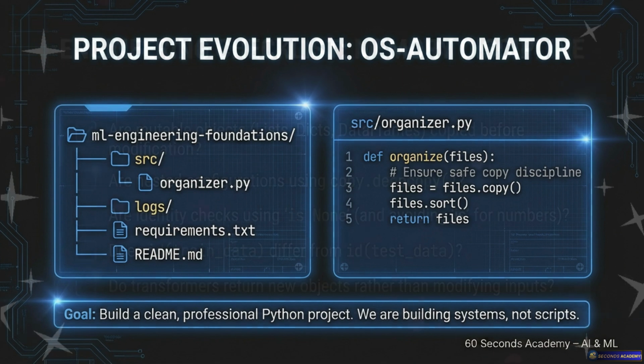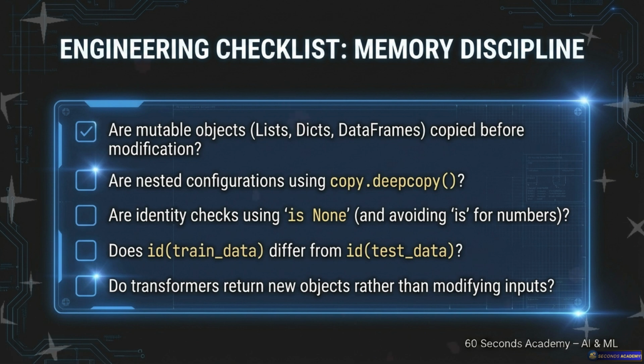Fantastic. So before we wrap up, let's give our listeners a mental checklist. When they are about to push code, what should they ask themselves? I have a 5-point memory discipline checklist. Number 1, are mutable objects like lists, dicts, data frames copied before I modify them? Number 2, if I have a nested config, am I using deep copy? Check. Number 3, am I checking identity with is only for None, not for values?